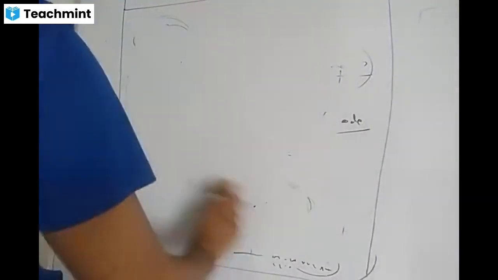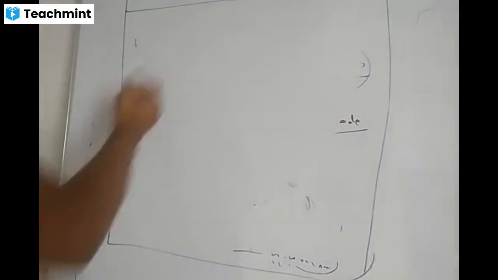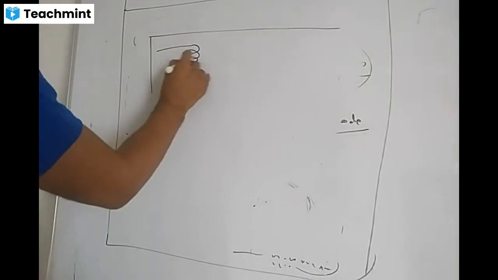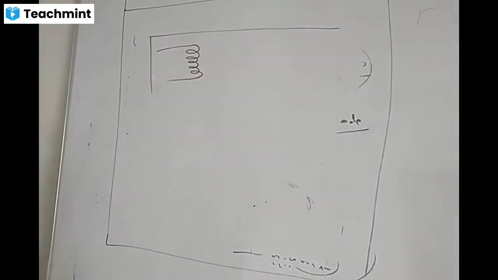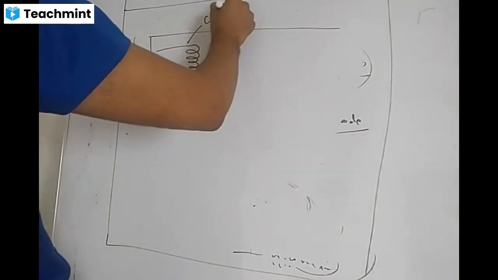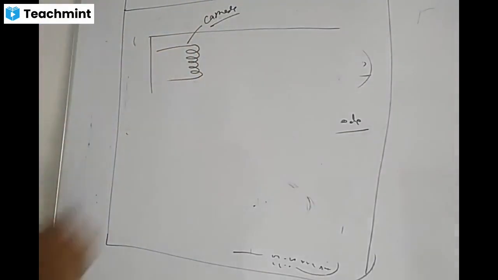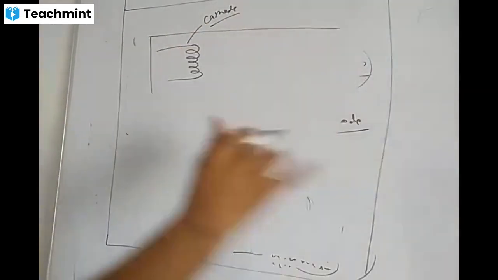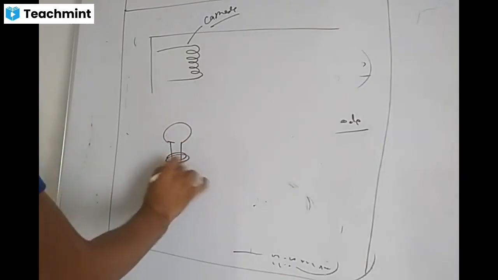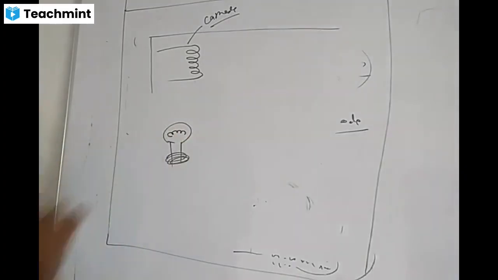So if we start with the filament, in case of your X-ray tube, there is one filament and this is the cathode portion. This filament is similar to our bulb. In case of our bulb, we have a filament.